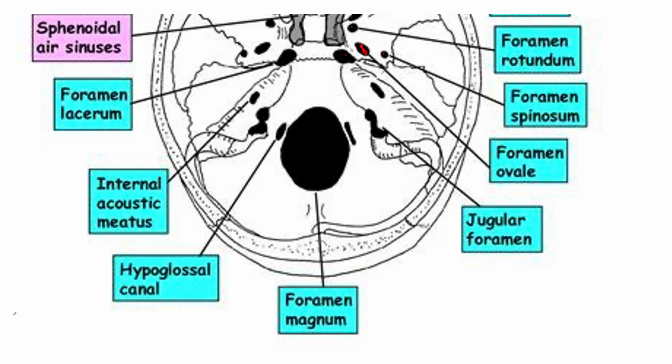Down here is the internal acoustic meatus. Then we have jugular foramen over here. Foramen magnum, hypoglossal canal.